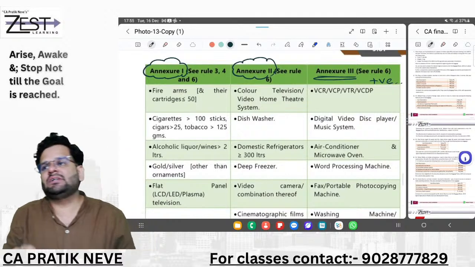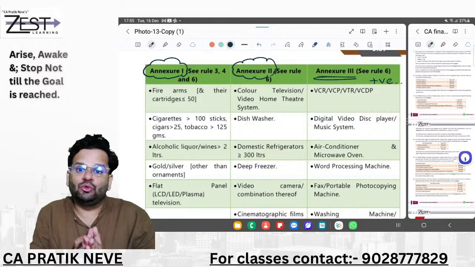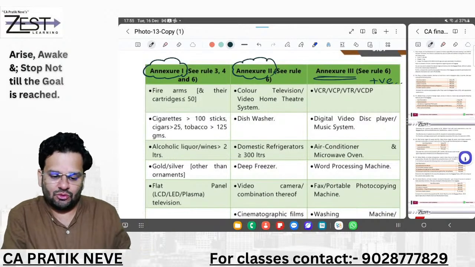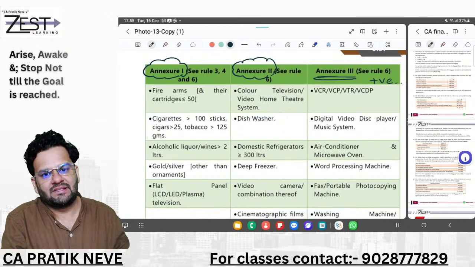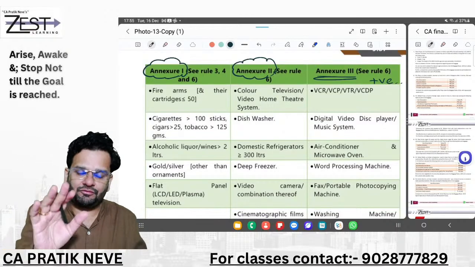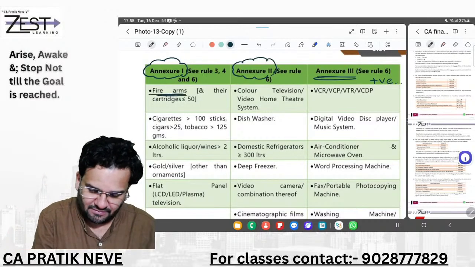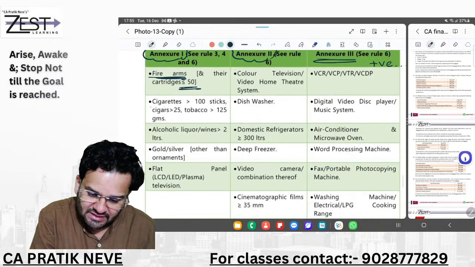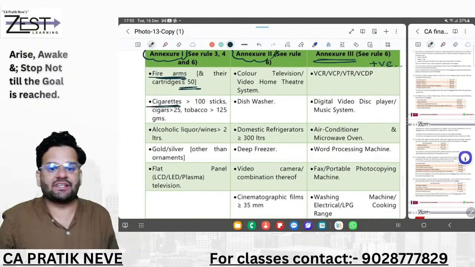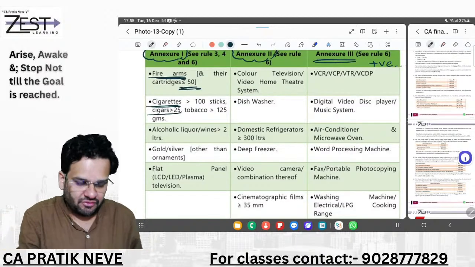So in short, up to rupees 50,000 is allowed duty free as per your rule number 3. Isn't it? Then in that 50,000, what will not be allowed? Firearms and their cartridges up to 50. Cigarettes more than 100 sticks. And cigars more than 25.